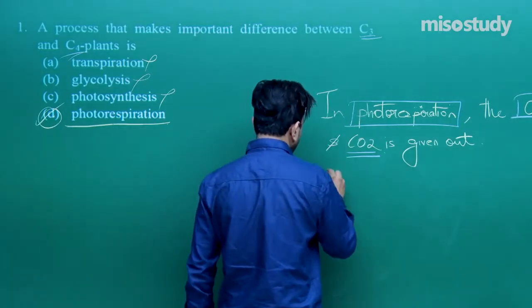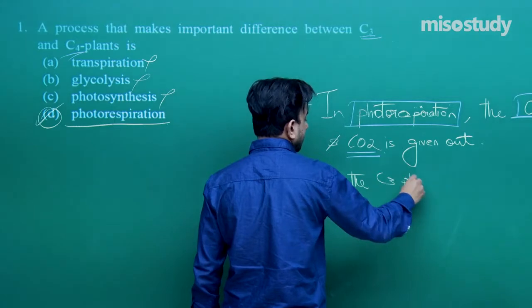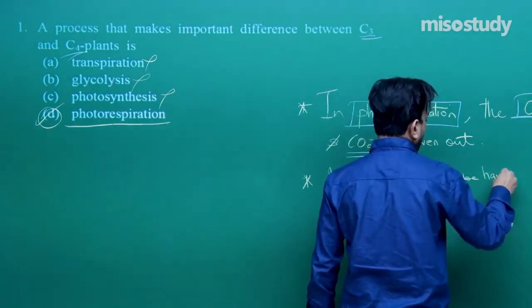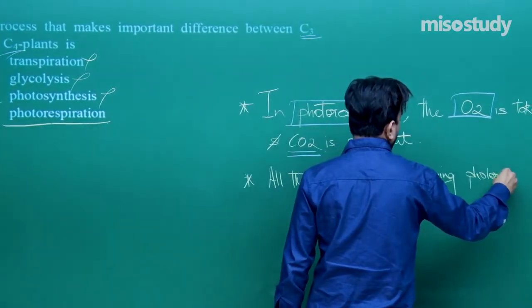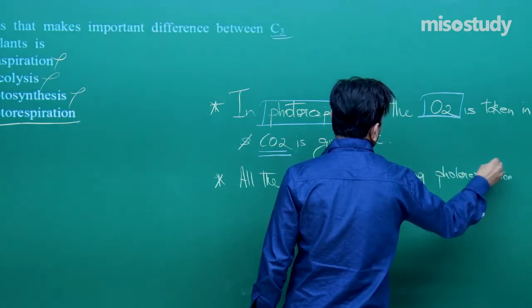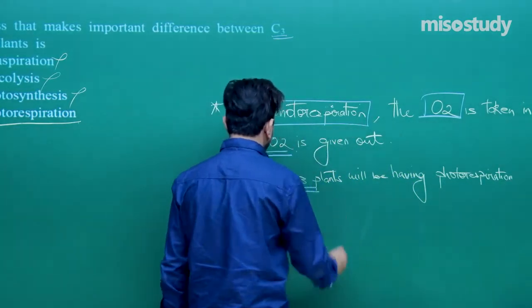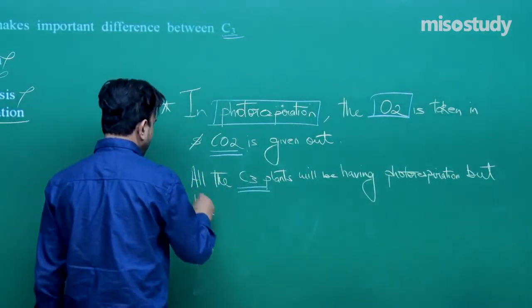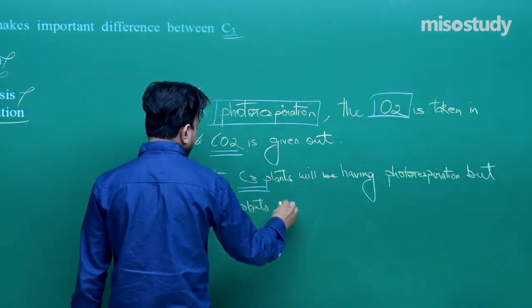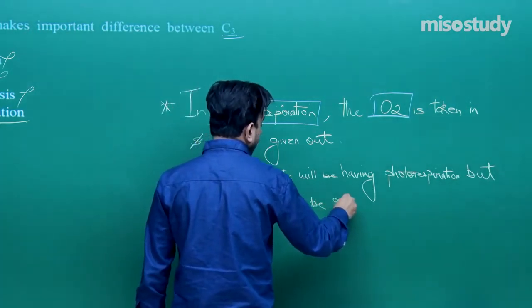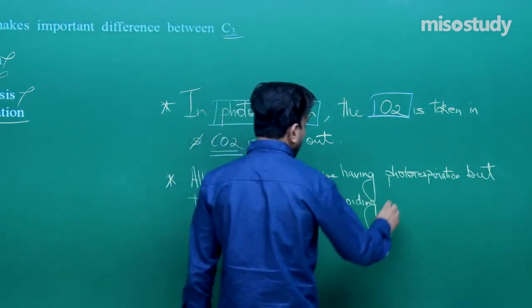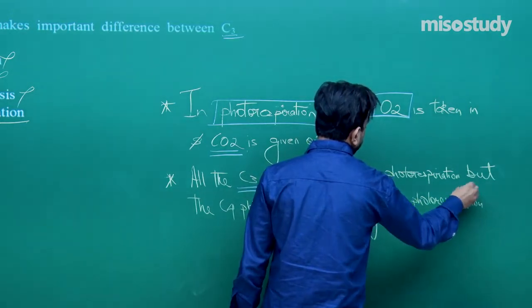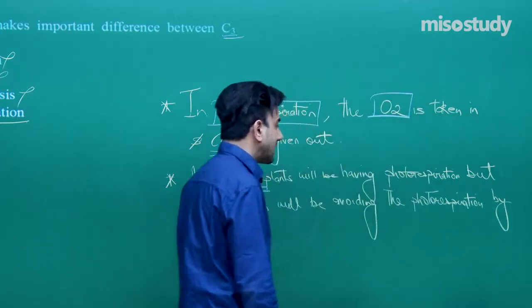So all the C3 plants will be having photorespiration, but the C4 plants will be avoiding the photorespiration by Kranz anatomy, right?